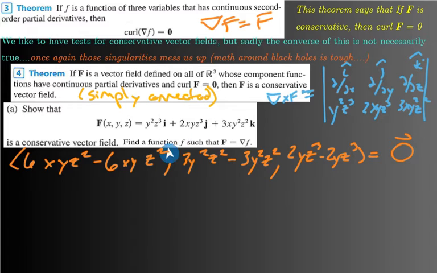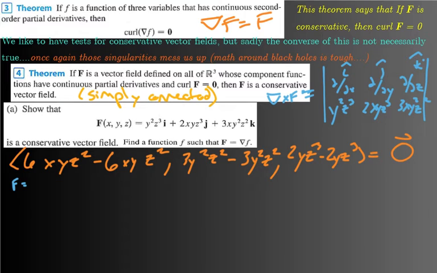We basically find lowercase f so that capital F equals del lowercase f there. We've done this before, but it's always good to see another one of these. So what we need again is, sorry, no, I'm doing this all wrong here.